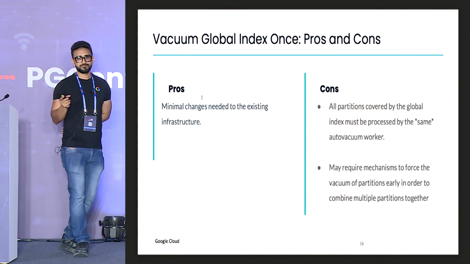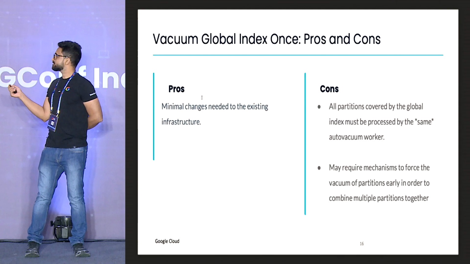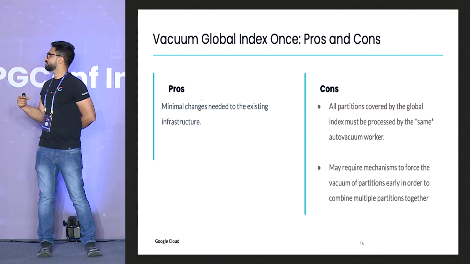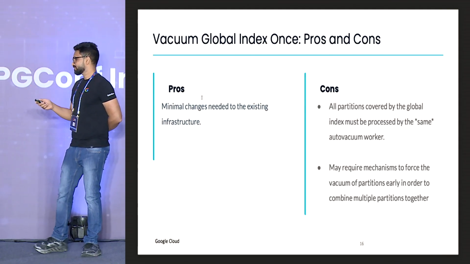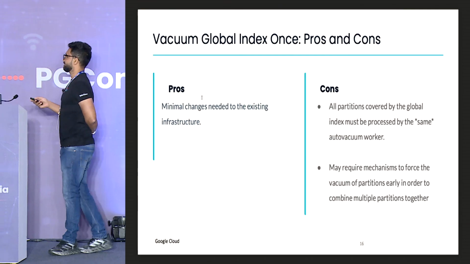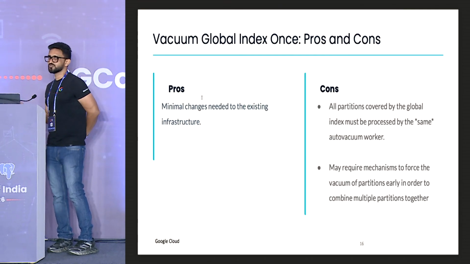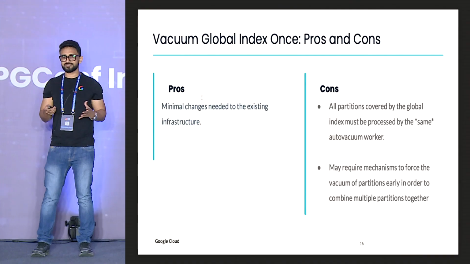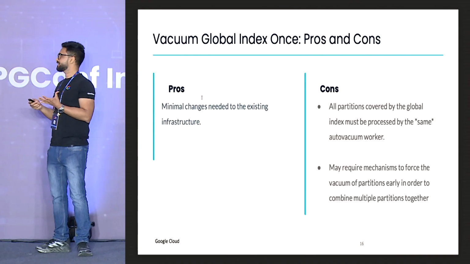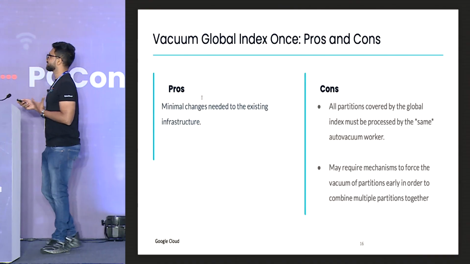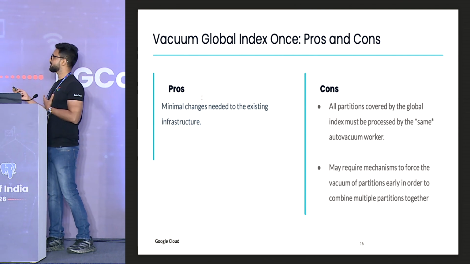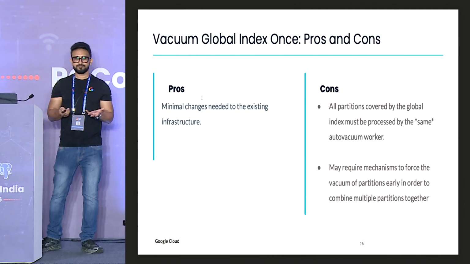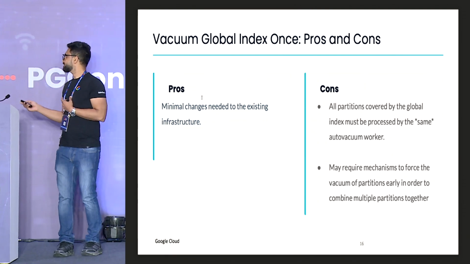On the other hand, if you don't have a global index, those partitions can get vacuumed in parallel by different workers. So that limitation we have, and my argument is that when you create a global index on a partition hierarchy, you may assume it as a single unit itself. Although you are getting the advantage of partition pruning, with respect to vacuum and scan you can consider them a single unit, and that's what we need to live with.